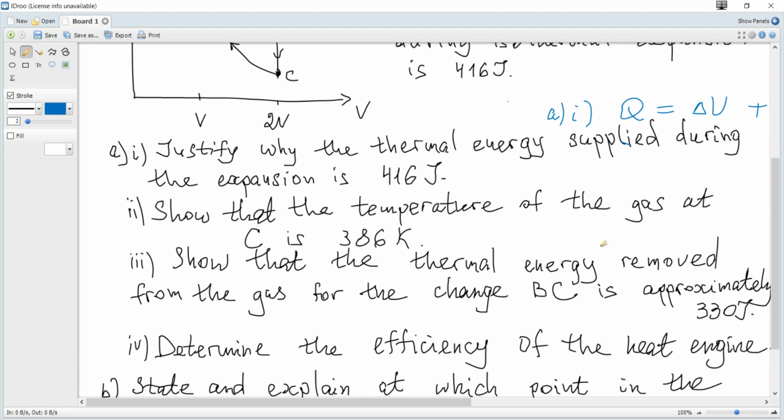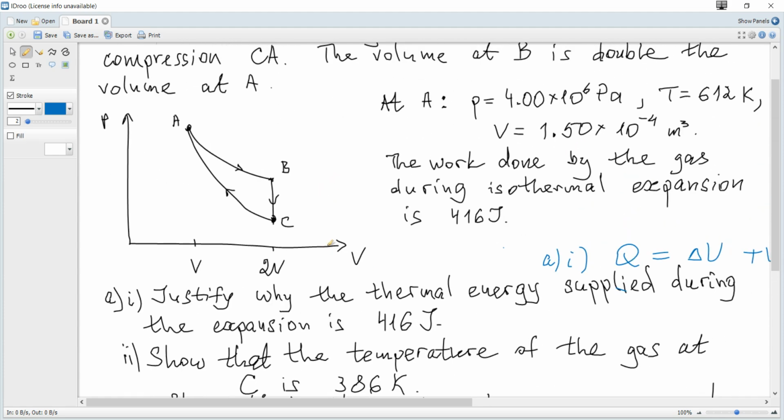The next question shows that the temperature of the gas at C is 386 Kelvin. So we need the temperature at C, and the pressure at A is given. You may suggest that we can consider the BC process, and it's an isovolumetric or isochoric process.